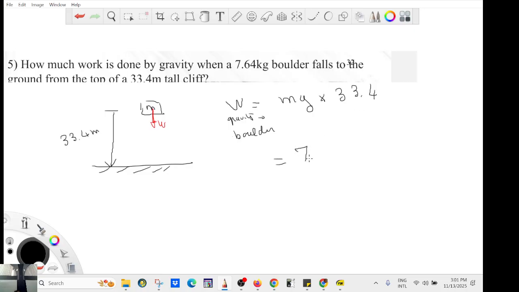So it will be 7.64 times 10 times 33.4, 2552 joules. Agree? Now you see that will be equal to the potential energy.